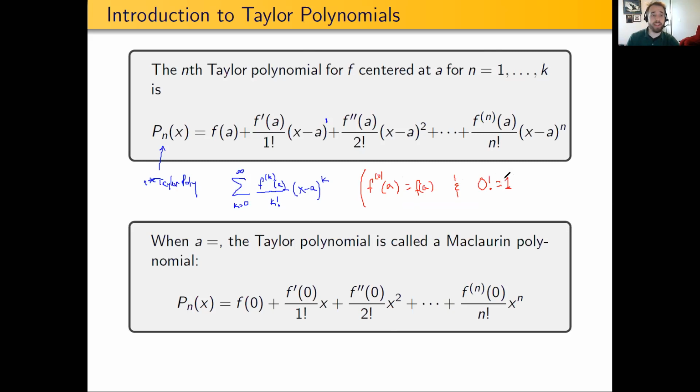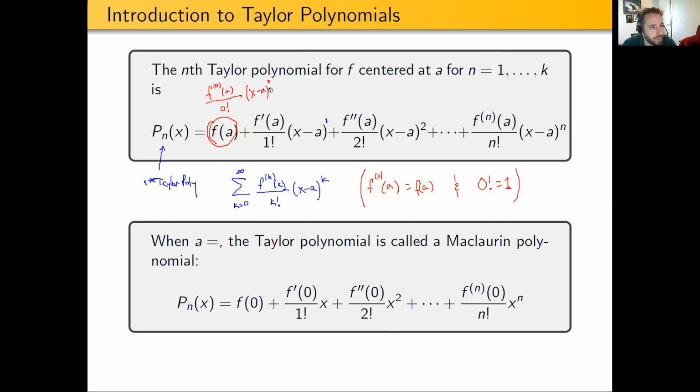Oftentimes in mathematics textbooks, we'll just define 0 factorial to equal 1. So in that case, we can rewrite this first term as f to the 0 of a over 0 factorial times x minus a to the 0. The x minus a to the 0 would just become a 1. And in that way, this satisfies this rule.